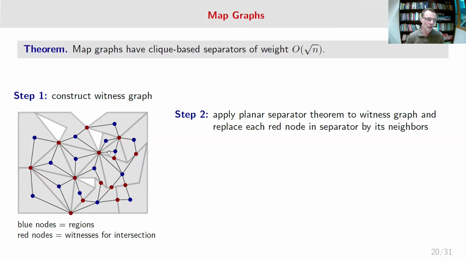If two blue nodes are neighbors in my map graph, then I will have a red node such that I have a path of length 2 between these two blue nodes via this red witness. You can put them on vertices or edges or whatever, in such a way that this is planar, which is not difficult to see. So I had this map graph, which is not planar.